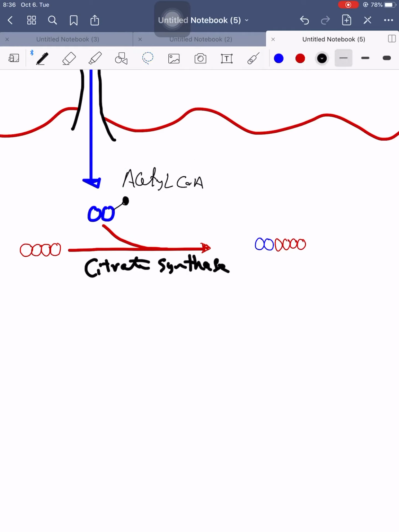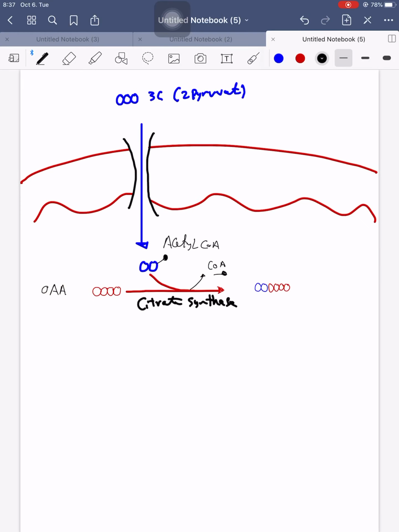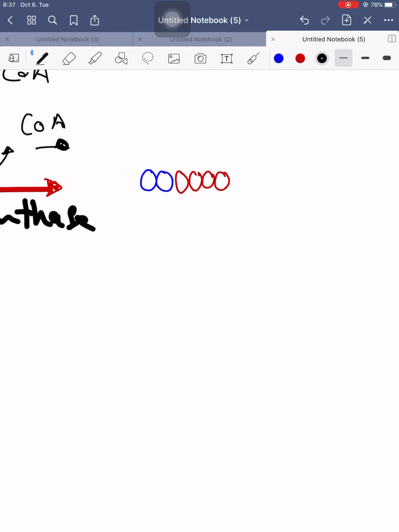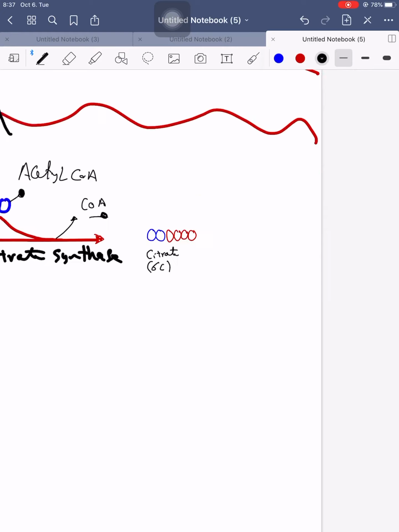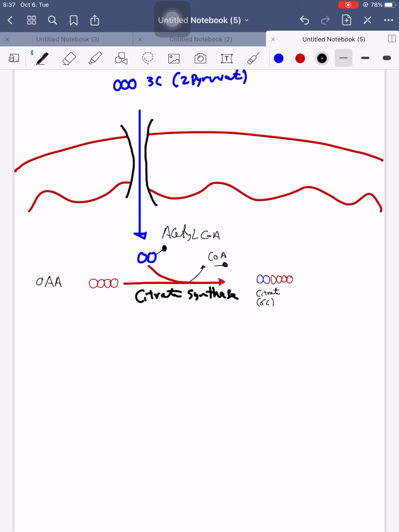We lost the coenzyme here. The first 6 carbon molecule produced in the citric acid cycle is called citrate. So we have here citrate, which is 6 carbon. For that we call the cycle the citric acid cycle, because the first molecule produced is citrate.